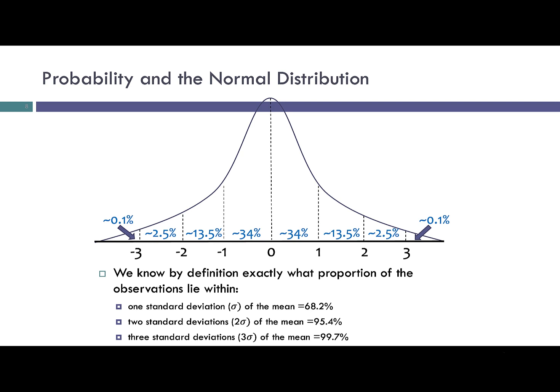So this is a useful approximation of the normal distribution, and is something that you can use as a reference point to help you understand how the normal distribution relates to probability. It tells us that about 34% of the time, something will lie between 0 and 1 standard deviations of the mean, which is handy. 68% of the time, it'll lie between plus or minus 1 standard deviation of the mean.